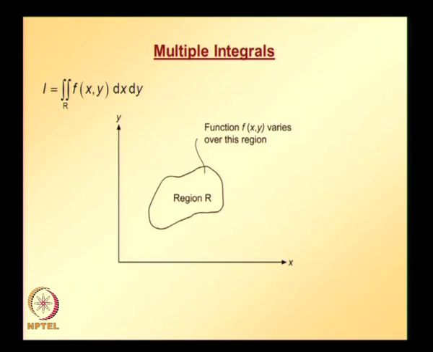So we require to evaluate this function over this region, and this function varies over this region. That is why f(x,y) is inside the integral. If f(x,y) is constant, then we can pull it out of the integral, then integral dx dy over the region R is going to be the area of that region R.